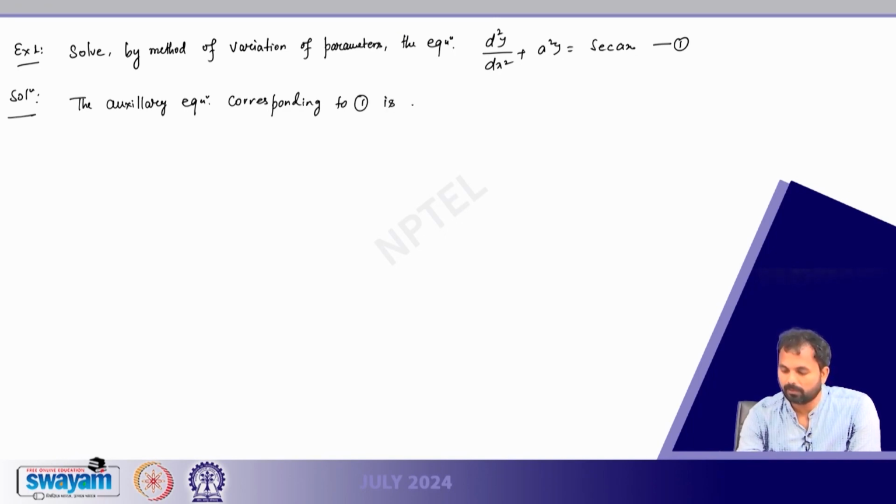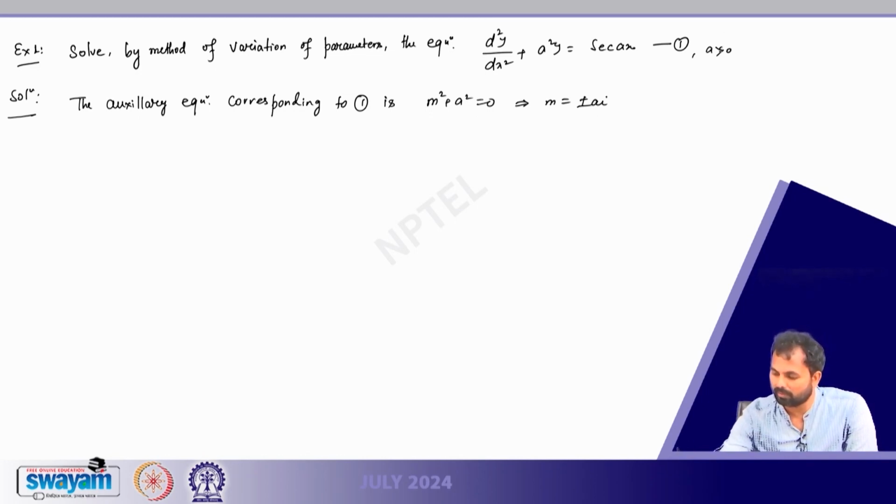is m square plus a square equals 0. We are assuming a to be positive, so it is better to write a as positive. So this will give m equals plus minus ai, or actually a can be any real number, does not have to be positive. So m is equal to plus minus ai, right.